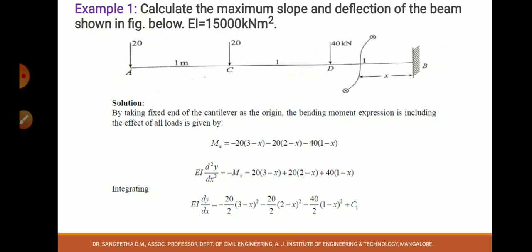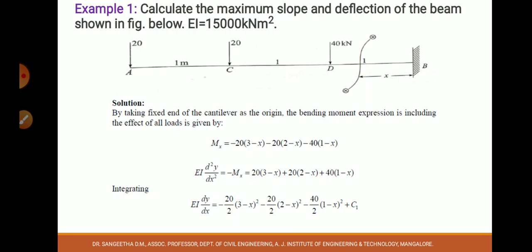If I am moving from A to B, I will take the section at this point shown in the figure; after this there is no load. So all the parts will be considered. From A, I will take moment about the section.